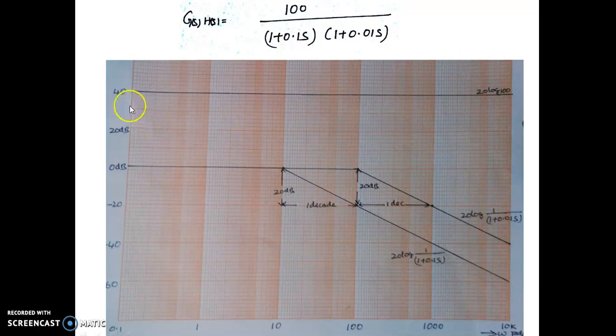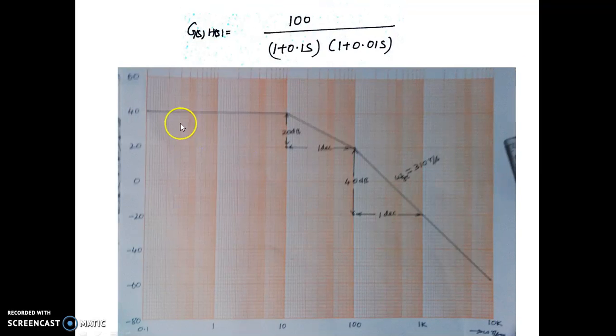So initially from 0.1 radian per second to 10 radian per second, the magnitude contributed by this is 40 dB. The contribution of these two terms is actually 0 dB till 10 radian per second. So as we can see now in the resultant plot, it is 40 dB till 10 radian per second.